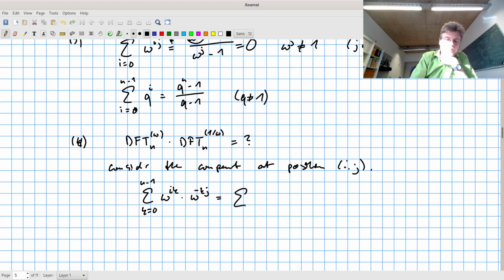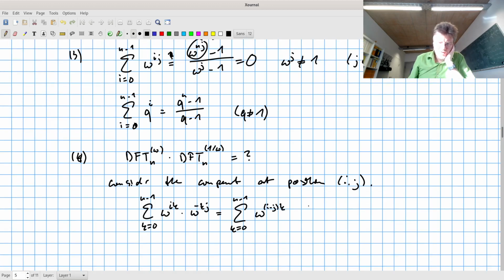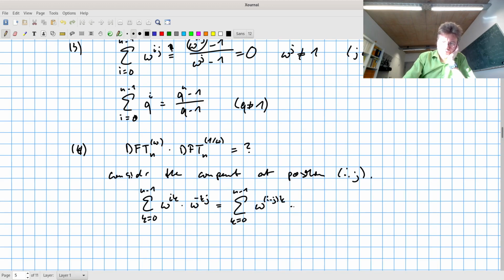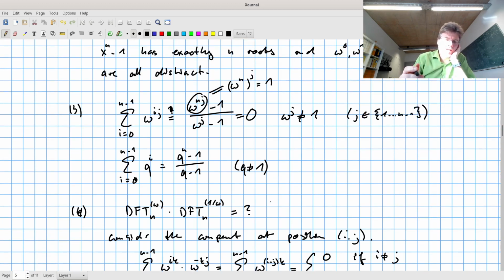So this is the sum over k from 0 to n minus 1 of omega to the, let's put this together, i minus j times k, and by what we have just proven, this is almost always 0, and more specifically 0 if i is different from j. But if i is equal to j, then I can't play this game, because I would have division by 0.